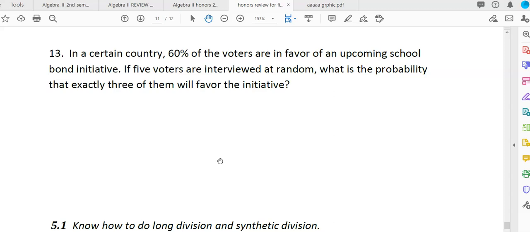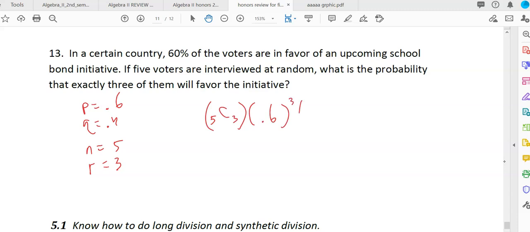Exactly 3 of them. So this looks like binomial. So what's your p, your q, your n, and your r? There are only 2 outcomes. So 60% I want them to favor, 40% not in favor. 5 voters are interviewed, and I want exactly 3 of them. This would be nCr, so 5 choose 3, times 0.6 to the r, times 0.4 to the n minus r.